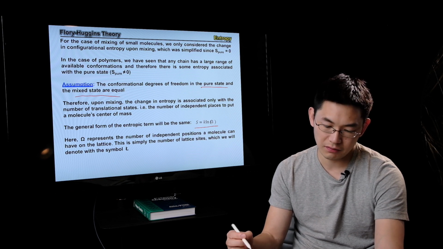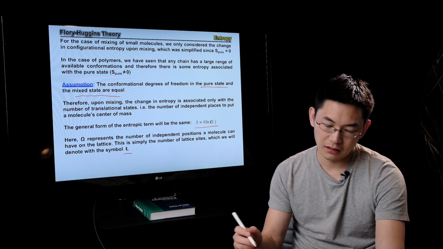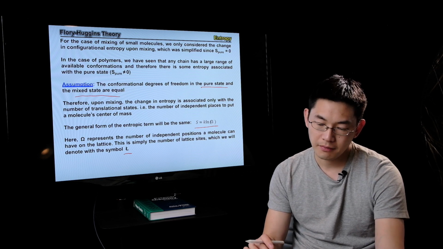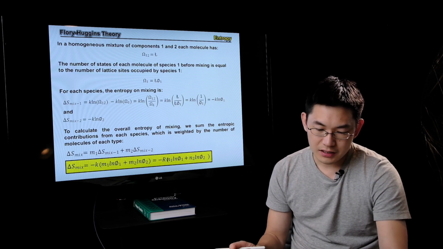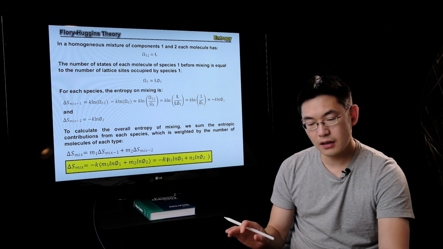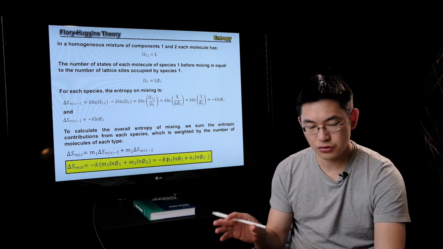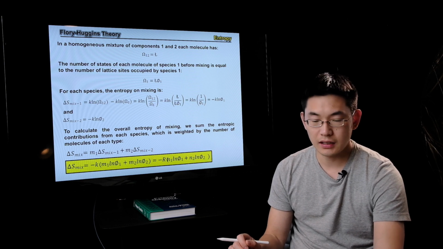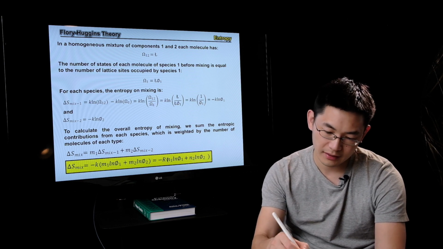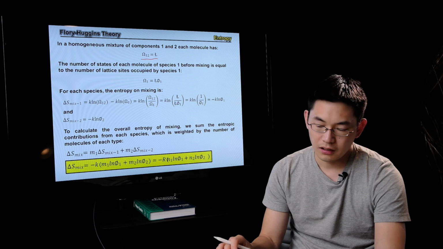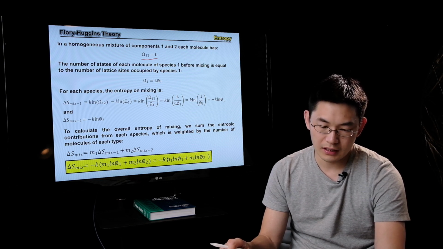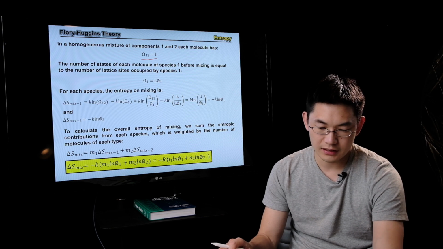If you have a number of lattice sites, it will be L prime, defined as the total number of lattice sites. All right, let's take a look. In the homogeneous mixture of solvent components 1 and 2, each molecule has a freedom of omega 1,2 equals L prime. L prime is again the number of lattice sites.